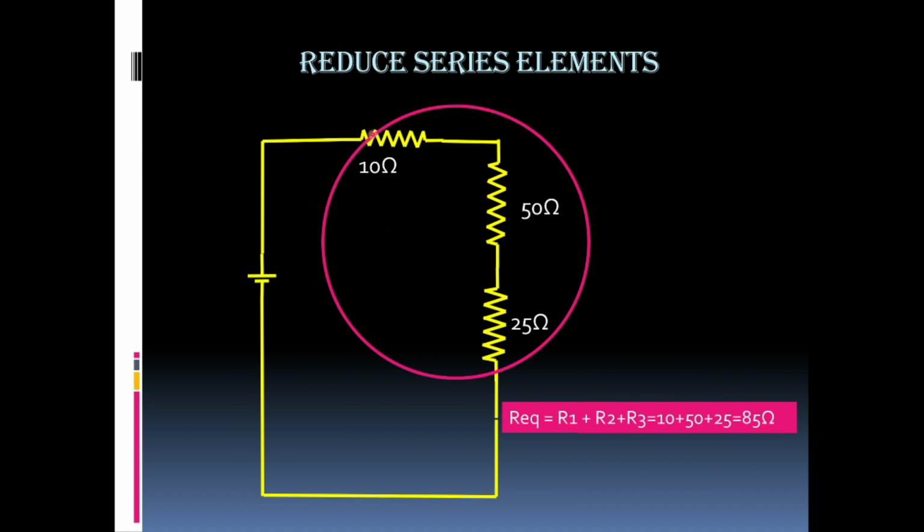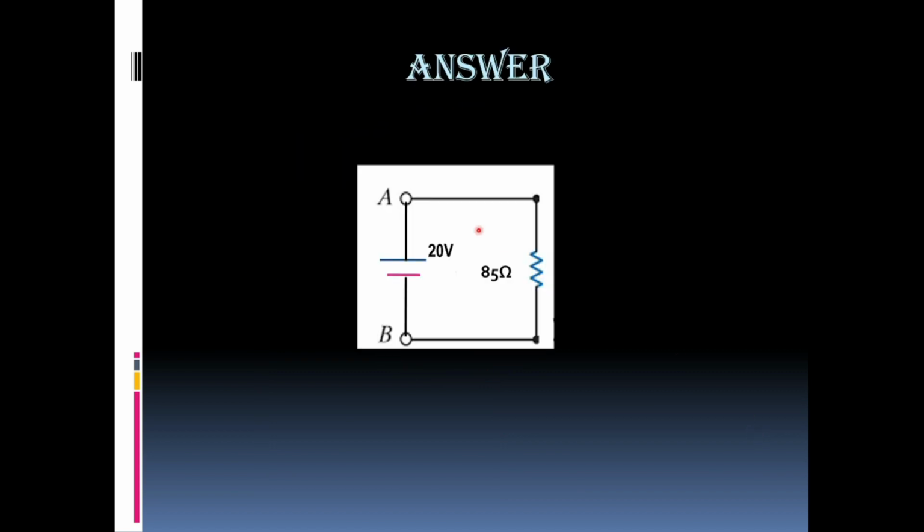Now you can replace all these three resistances with the equivalent resistance of 85 ohm. So this is how you do such problems where you have to convert from delta to star wherever required. If you see a delta connection in a circuit, you have to convert it into star for further simplification.